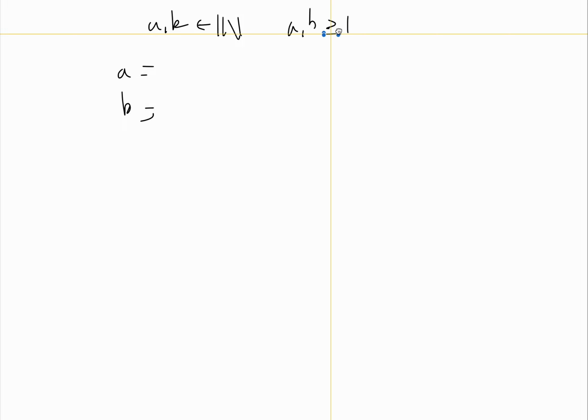So here, let's say we have two numbers a and b, and they're in the set of natural numbers, where a and b are greater than or equal to 1, it doesn't matter. So let's say just equals for this instance.